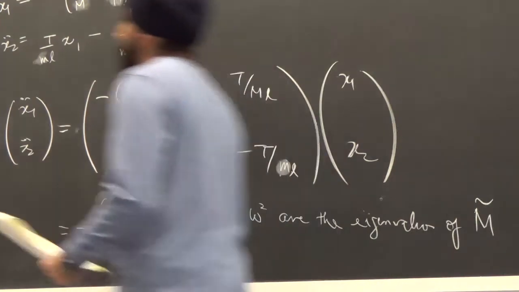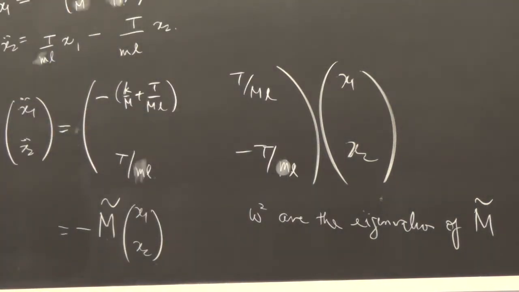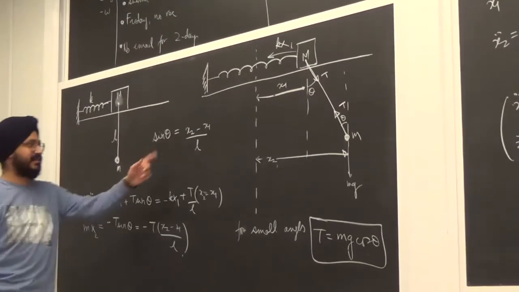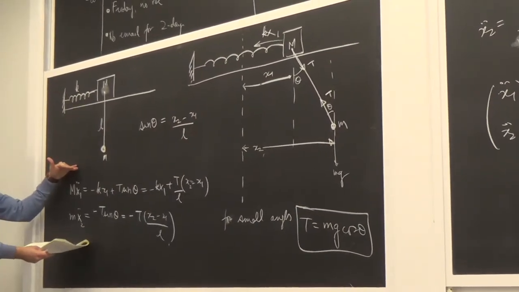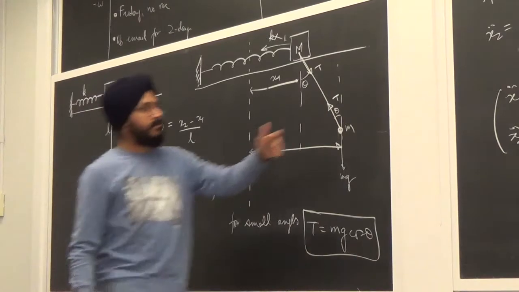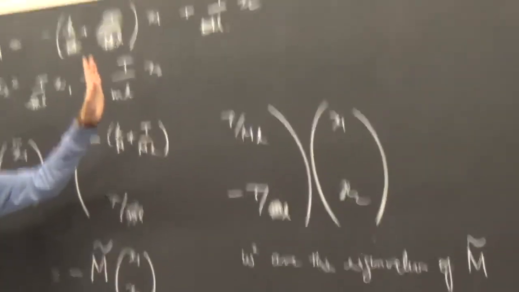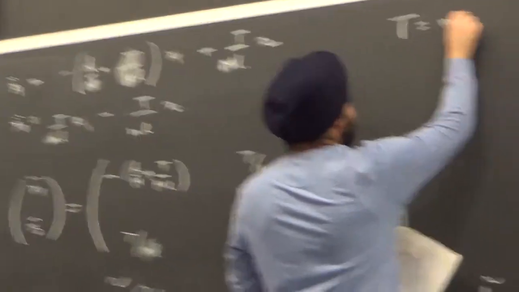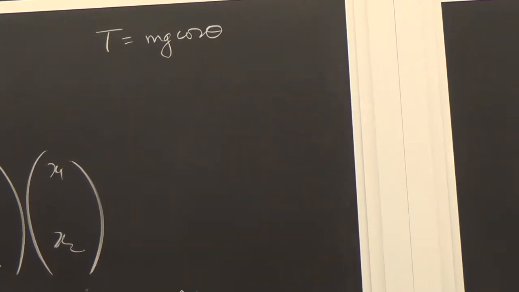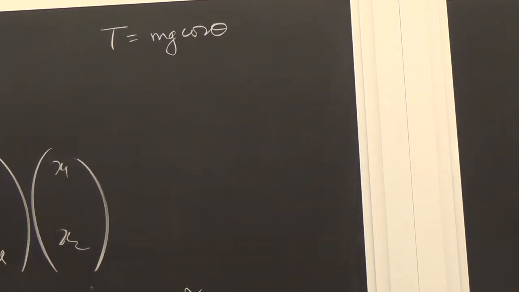So out here, my equations are completely exact. Sine thetas are exactly x minus x over L. These are my exact equations of motion. But the tension is an unknown for us. So the tension is mg cos theta, and the particle is only moving along the x direction.